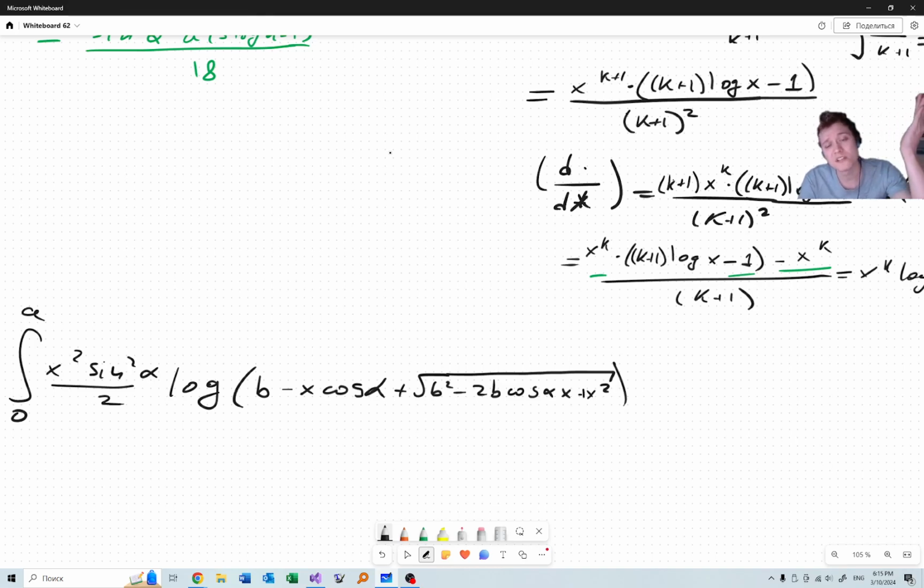So the question is, is there any sort of way to say that this is someone's logarithm? So this is someone's exponent.